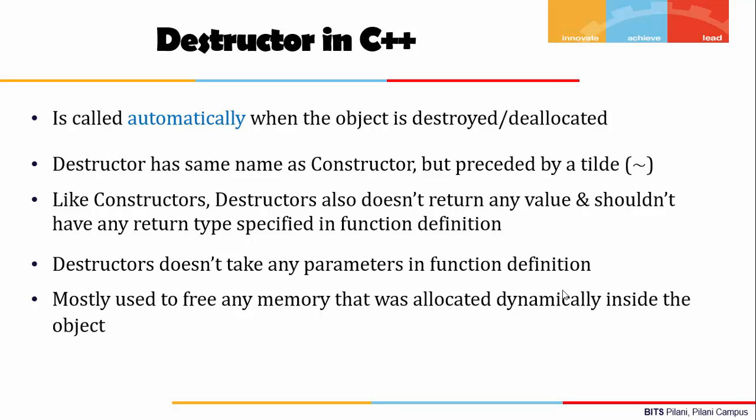So just as a program invokes a constructor when an object is created, it invokes a destructor when an object is destroyed. You can have only one destructor per class. It has no return type, no arguments. Its name is the class name preceded by a tilde.